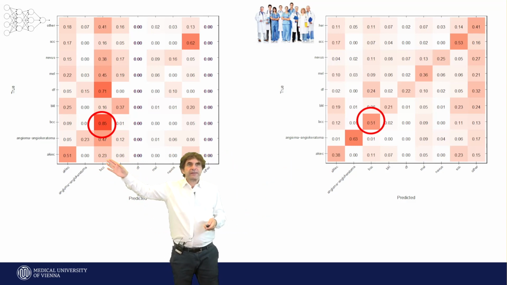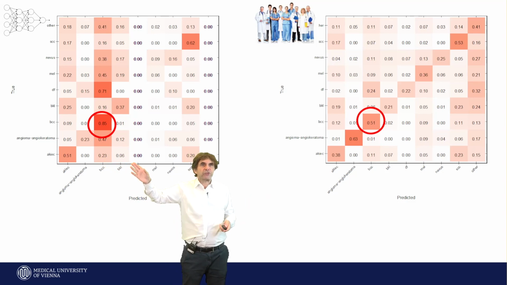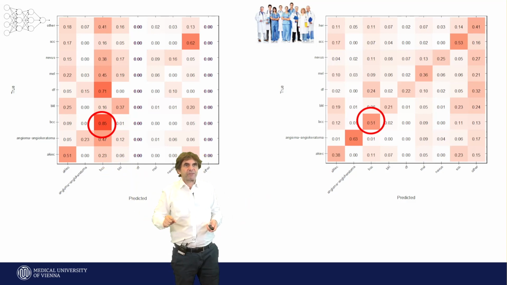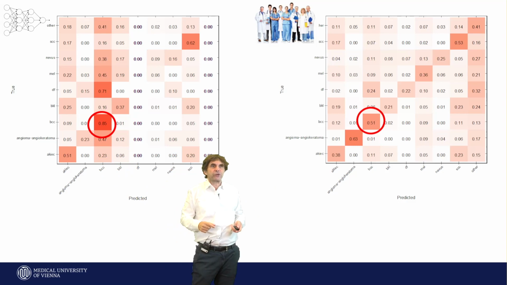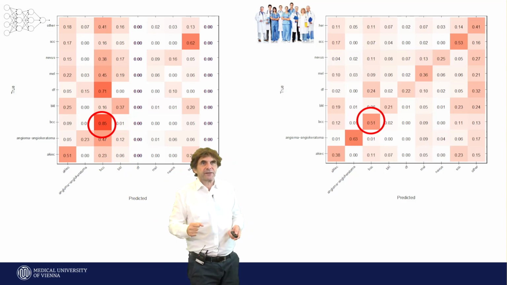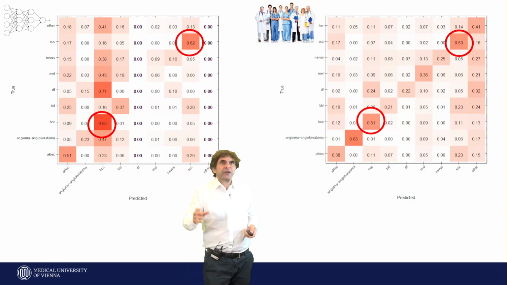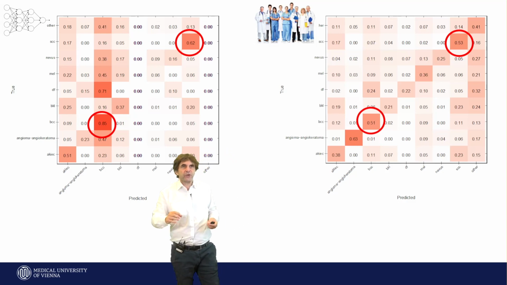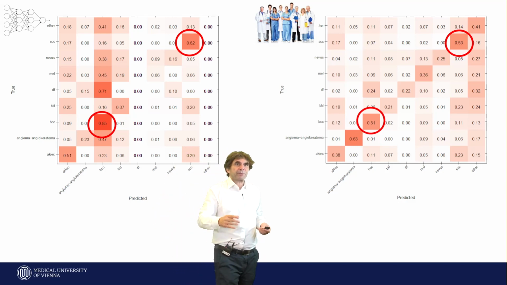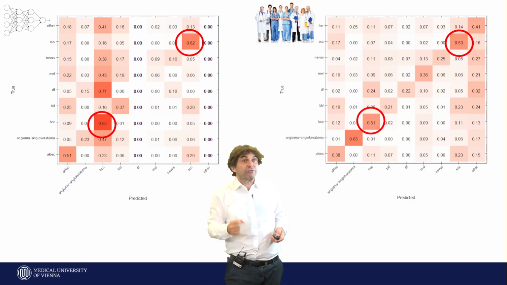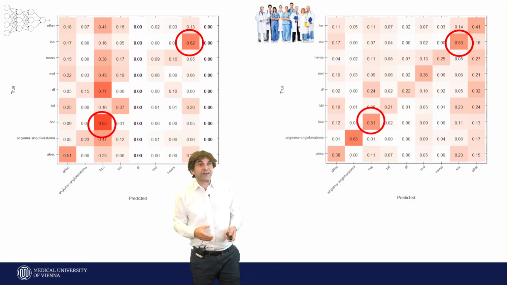And you can see here that the network outperformed dermatologists in the diagnosis of basal cell carcinoma. Why? Because basal cell carcinoma is usually non-pigmented, and it is common. Also, it outperformed dermatologists with regard to squamous cell carcinoma, because it's usually non-pigmented and it's very common, and you had a lot of training cases.